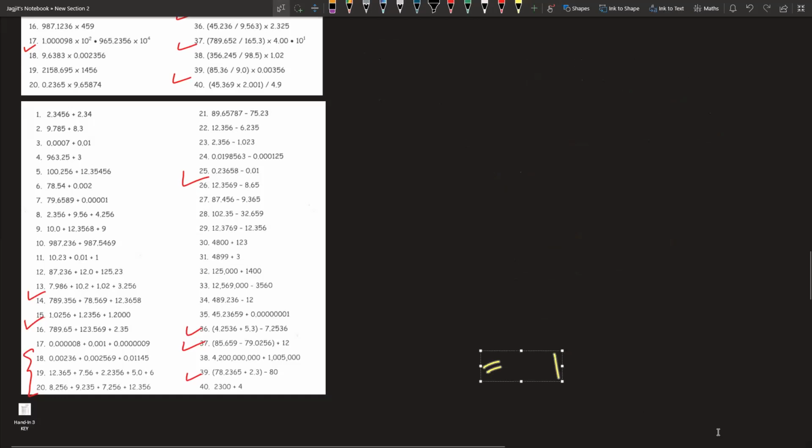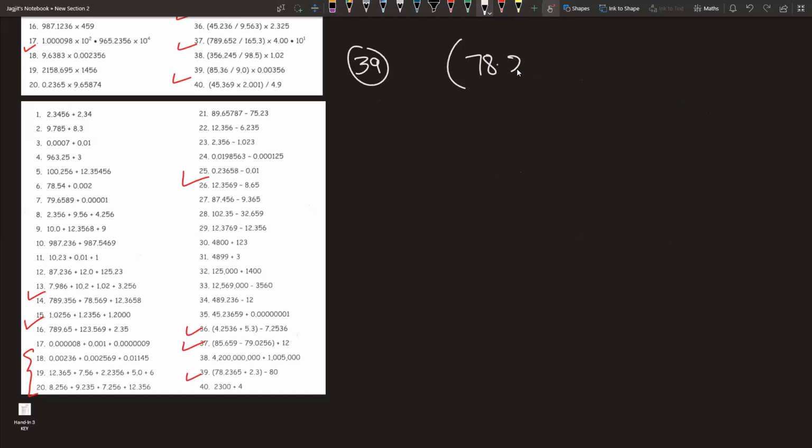Last question, number 40. Let's give it a shot. So number 40, or 39, sorry. That question has 78.2365. We're adding 2.3 to that, and these two are inside the brackets. And then we're going to subtract 80.